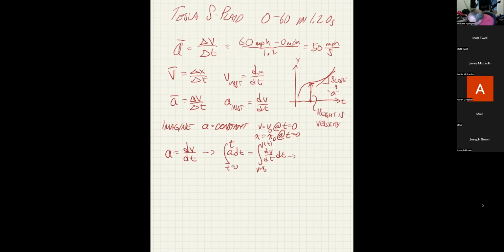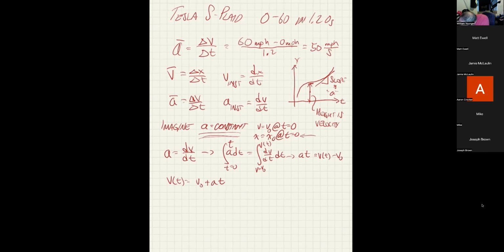And obviously this a being a constant just gives me at, equals v of t minus v0, or you can say v as a function of t is equal to v0 plus at. So this is for a equals a constant. Notice how I put in that v0 as one of my initial conditions. That came from this part right here.